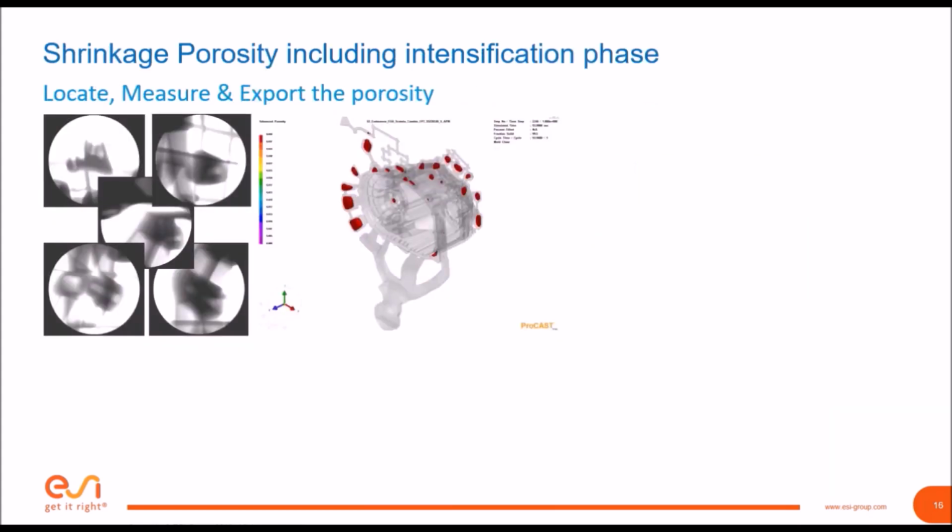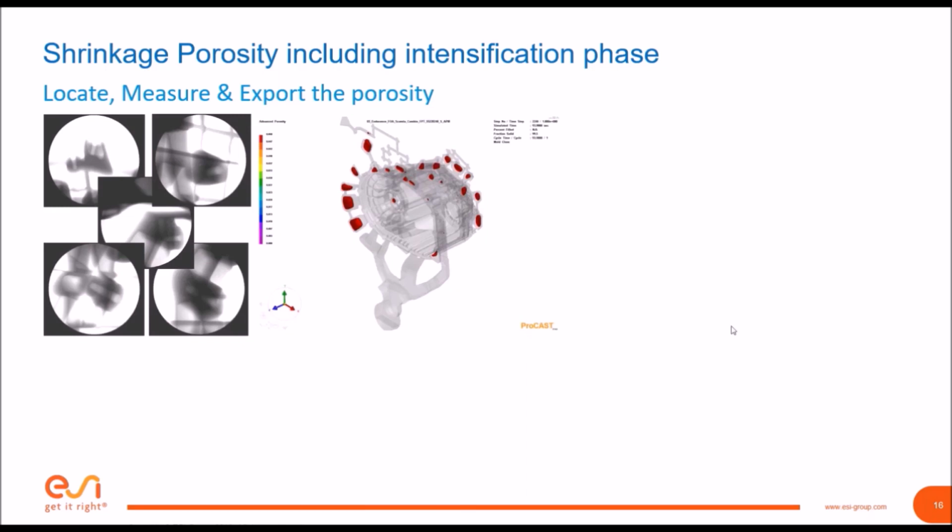Finally, the end of this complete full die validation is, of course, to understand the stage with the porosity. We are only able to achieve such a porosity with such precise die temperatures, and this can really help to predict the accurate shrinkage porosity. We should also not forget that in die castings, the shrinkage porosity is not driven by gravity, but by the intensification phase, where the plunger is holding up against the part.